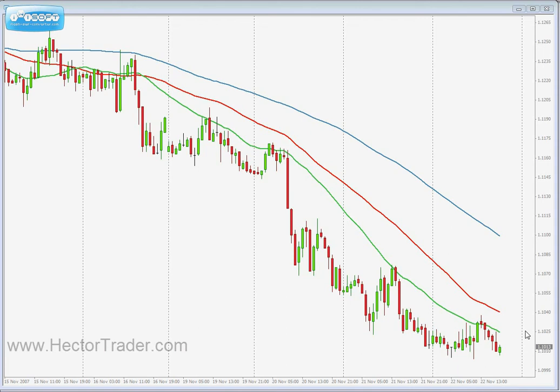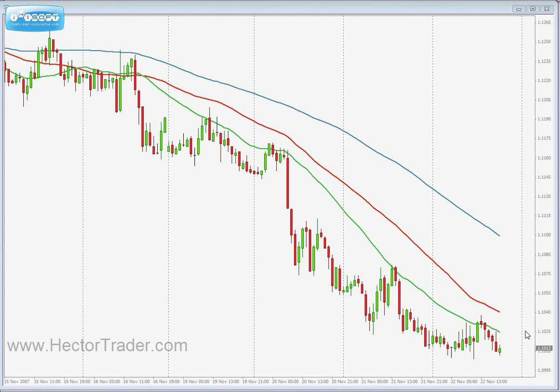As a trend trader, I always like to keep an eye on the dynamic area, because it's a good indicator we can use to read the overall health of the trend. I'm now going to show you some different charts in different time frames and different currency pairs, so you can see the dynamic area of support and resistance in play.